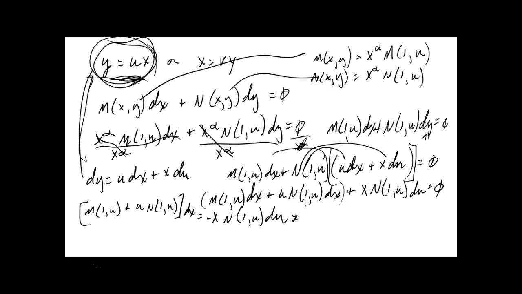So therefore, divide here and divide here, and that will produce this. dx over x, which I think we know how to integrate, right, is equal to minus, I've divided out the x, so we have n of 1, u divided by m of 1, u plus u times the n of 1, u, du. Okay?